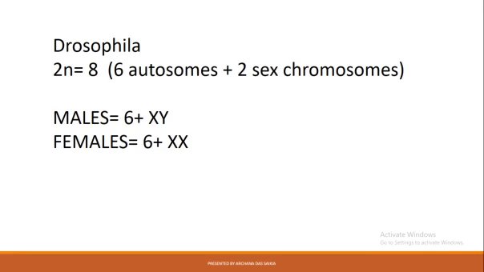In total, it makes up 8 chromosomes. Males have one X and one Y chromosome. Females have 2 X chromosomes. Now, the traits we are going to study, eye color and body color, those genes are specifically located upon the X chromosomes.